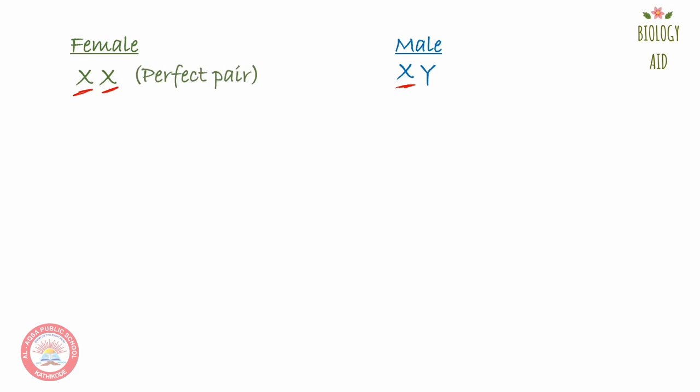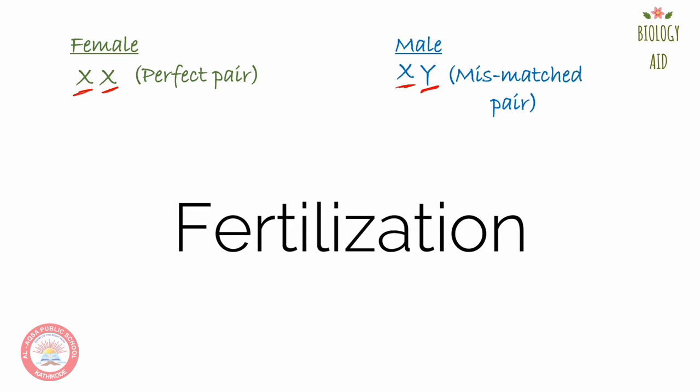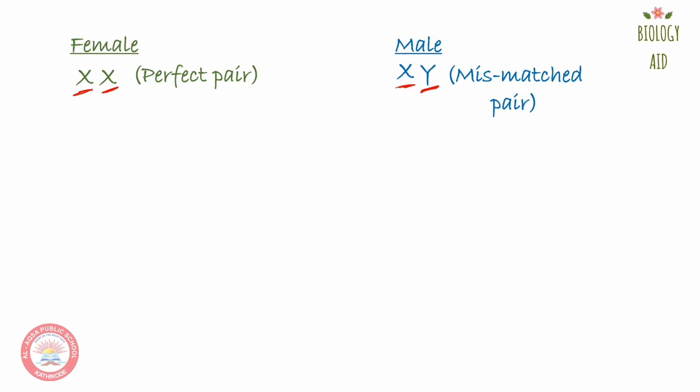Whereas in males, you can see there is an X chromosome and a Y chromosome, which is not present in females. This Y chromosome is shorter than the X chromosome and thus they are not alike and we call them a mismatched pair. The sex of the child is determined during the fusion of gametes or the fertilization.